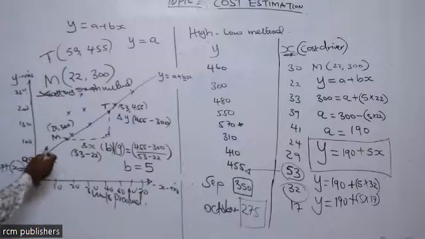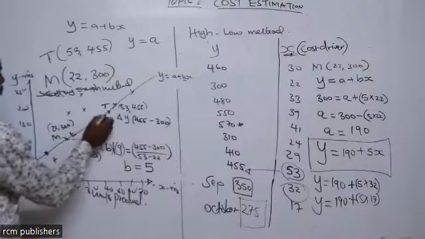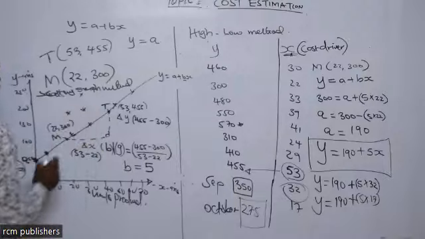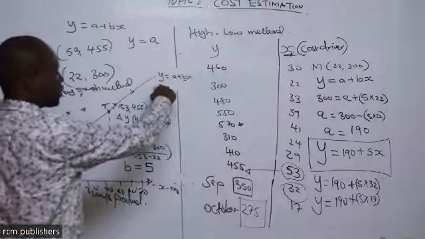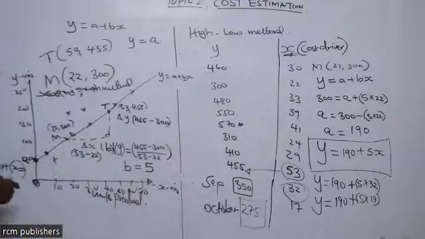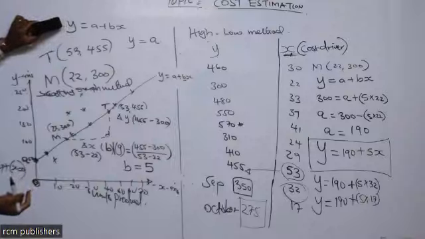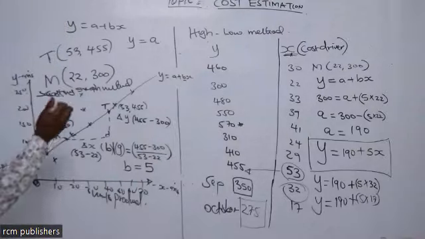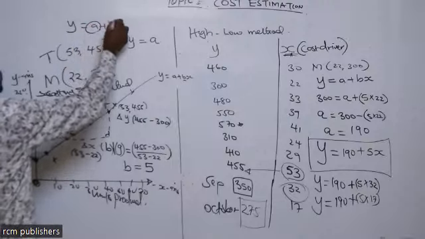The asterisks represent the plotting. Once you've done the plotting, you choose the line of best fit, which I have done. After doing that, we now identify the gradient, because for this function to be complete, we only need two things: the value of A and the value of B.